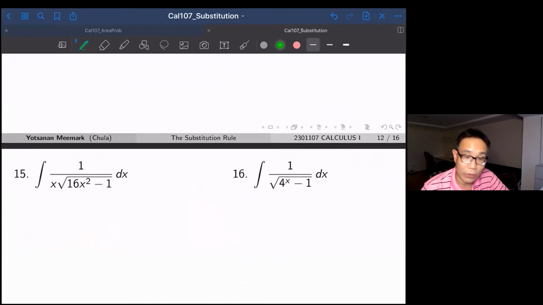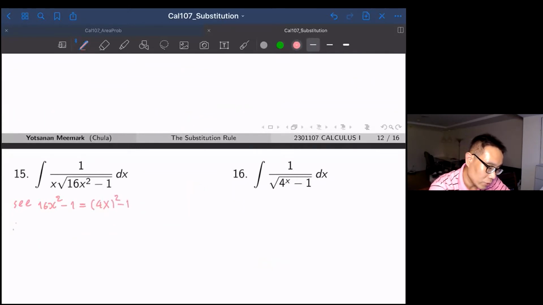So for this one, it's going to be 1 over... and the thing that you see here is going to be 16x squared minus 1. This can be written as 4x squared minus 1, so you let u be 4x.